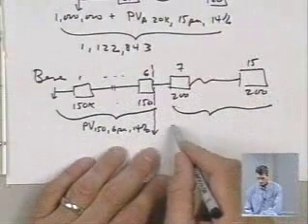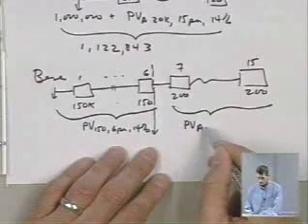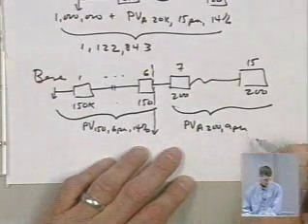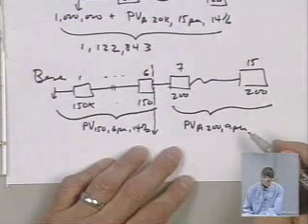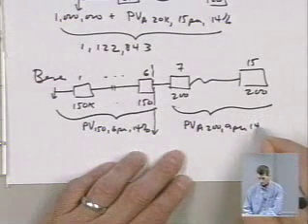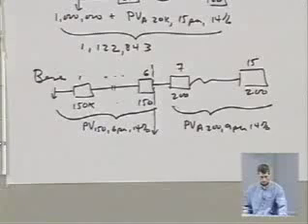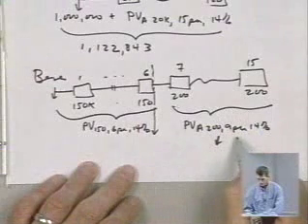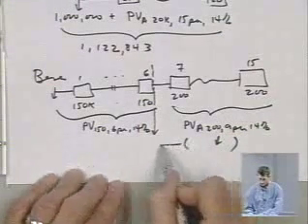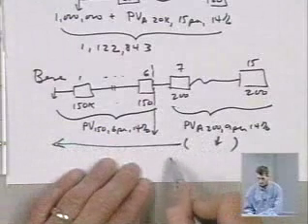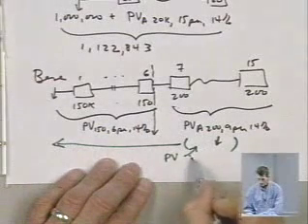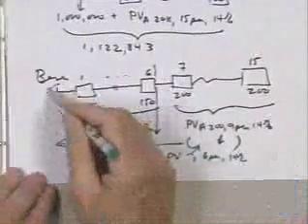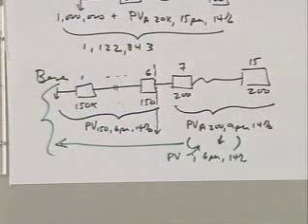This would be the present value of an annuity of $200,000 for 9 periods at 14%. That gives me some number. But then I have to take the present value of that number, right? In order to go back to the present, I need to take the present value of that number for 6 periods at 14%.